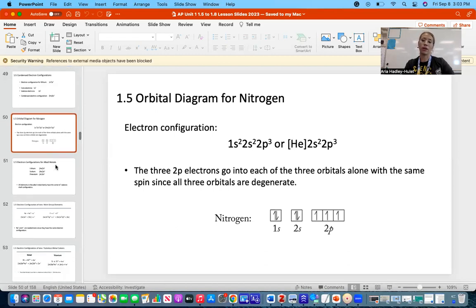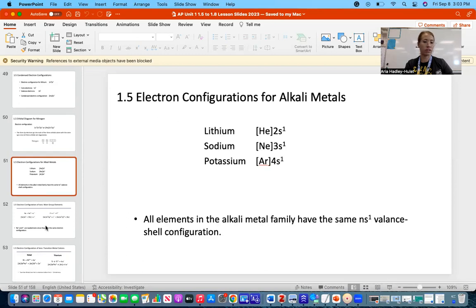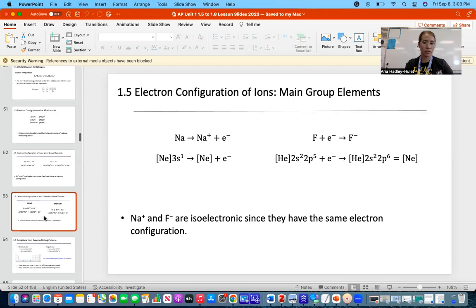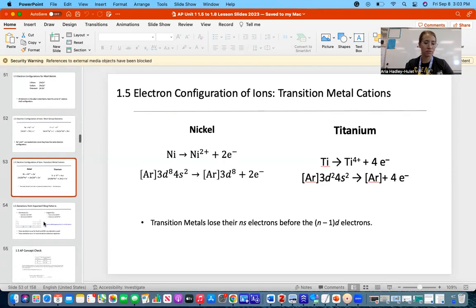One thing I do want to point out, though, is we know that atoms are trying to seek that lowest energy, and a half-filled sublevel is lower energy than a partially filled one. A fully filled sublevel is lowest energy, though. And so I'm trying to find an example that I can show you here.